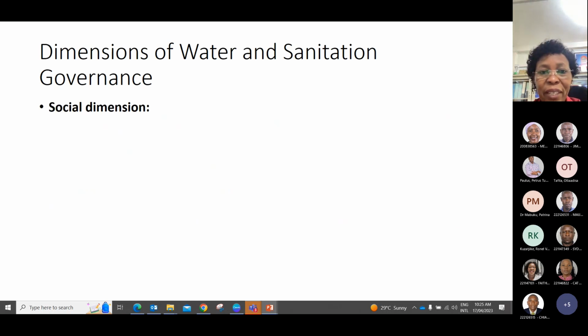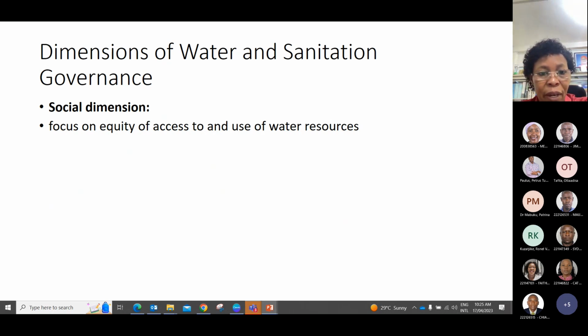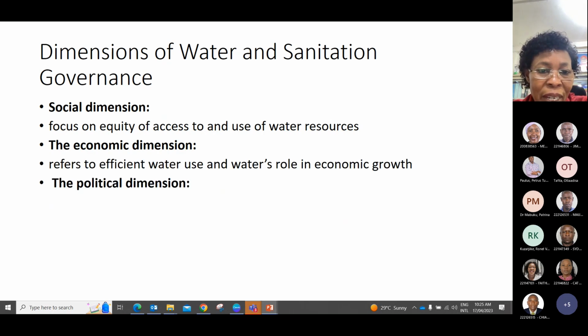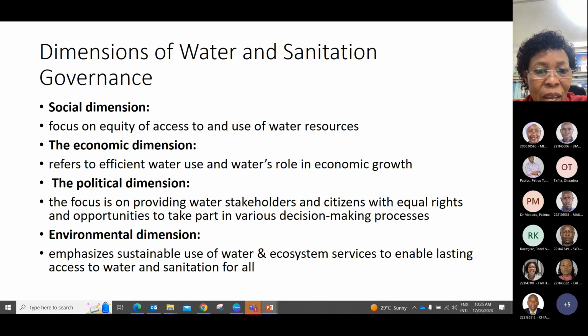So, the dimensions of water and sanitation governance. The social dimension focuses on the equity of access to and use of water resources. This is where you find, as I said earlier, the rural-urban differentials of access to water and also access to sanitation.